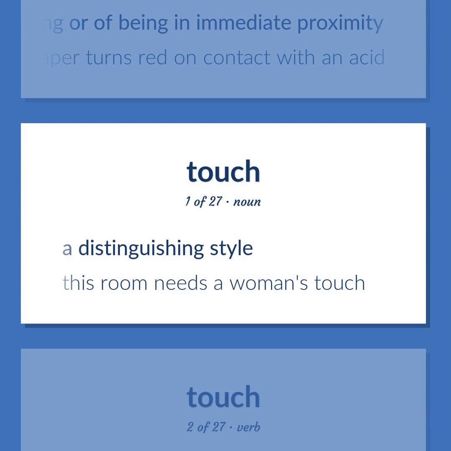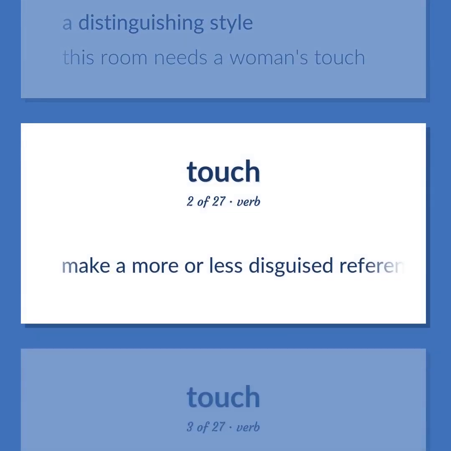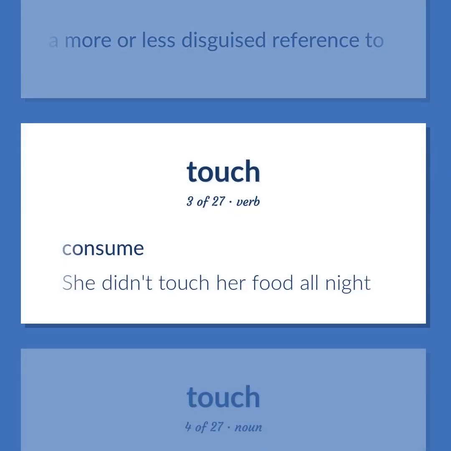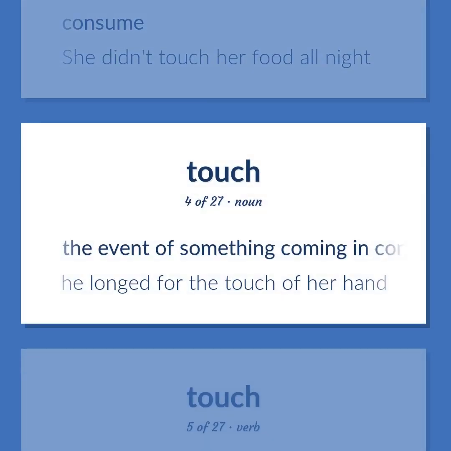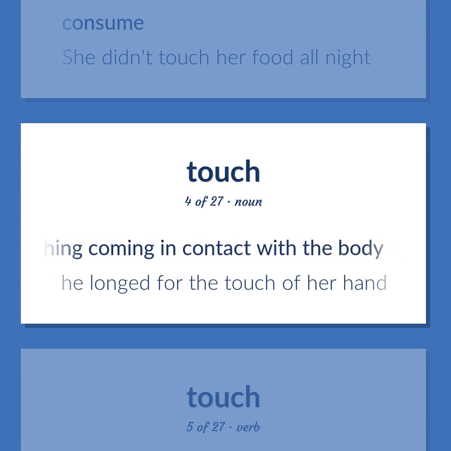A distinguishing style. This room needs a woman's touch. Make a more or less disguised reference to. Consume. She didn't touch her food all night. The event of something coming in contact with the body. He longed for the touch of her hand.